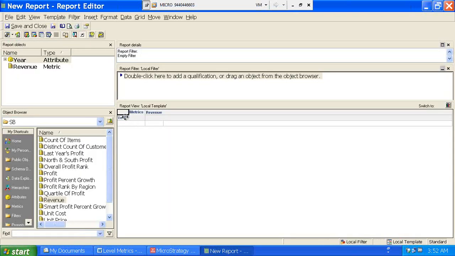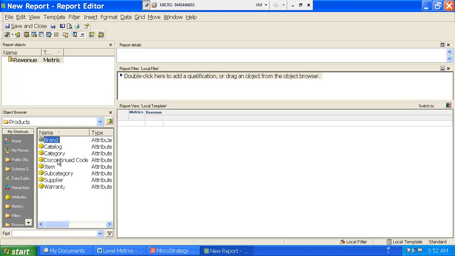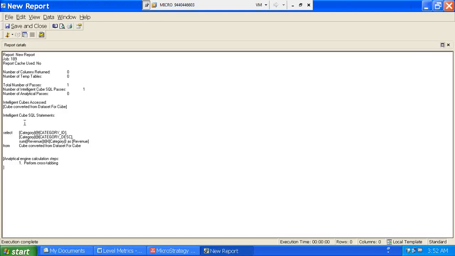Now I will take category wise and run the report. See, category ID is selected. Category wise the data it is giving.